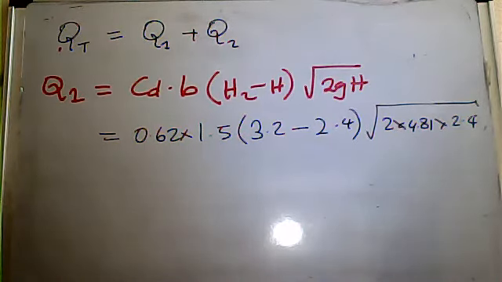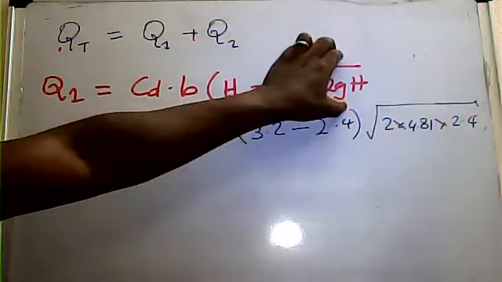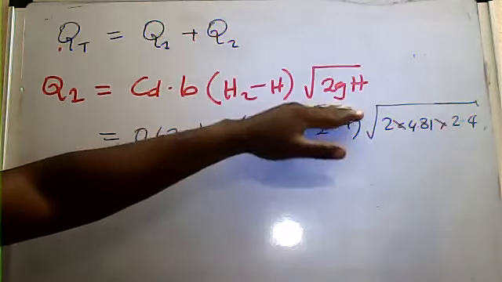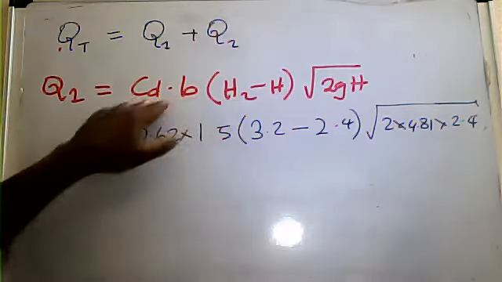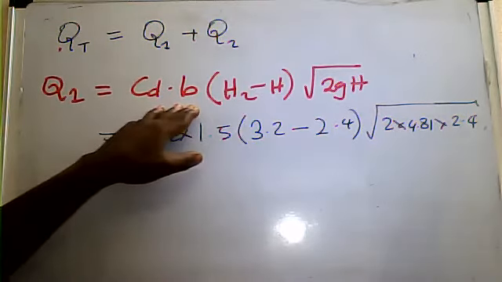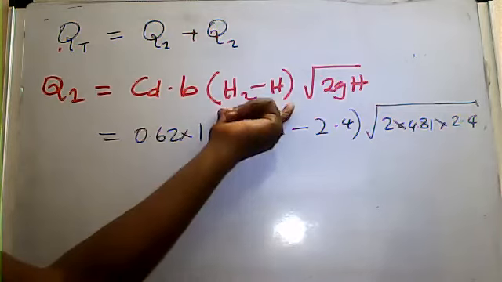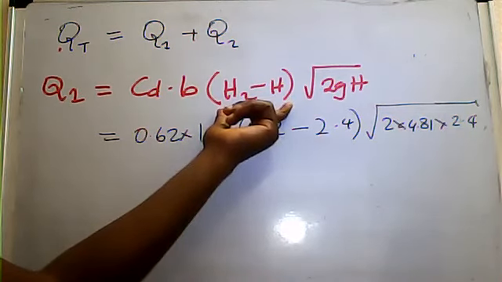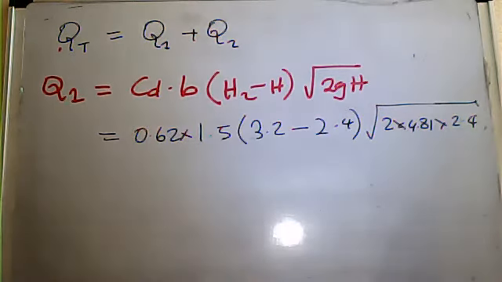So when it is submerged or drowned, that is the formula. This part is well known, the 2gH. CD and B are not a problem. The issue is this description here. That is all.